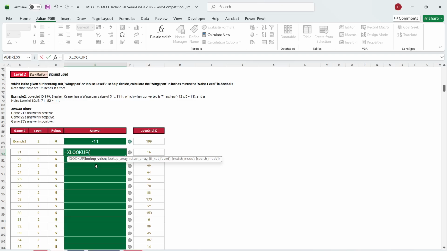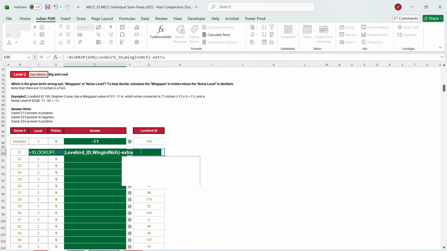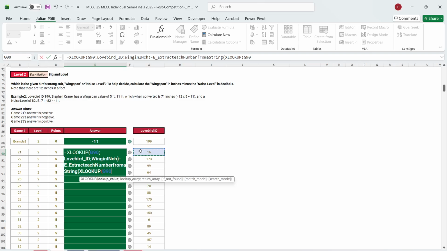Okay, equals XLOOKUP for the ID in Lovebird ID, returning the wing in inch, minus extract number from a string, XLOOKUP Lovebird ID, returning noise level.